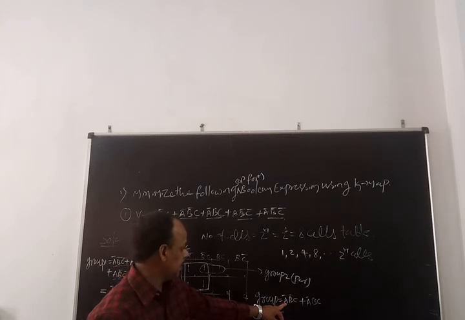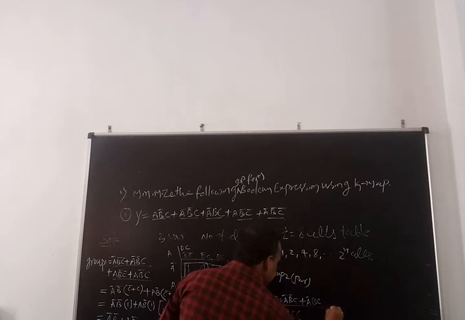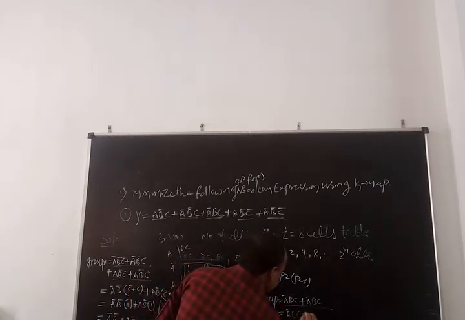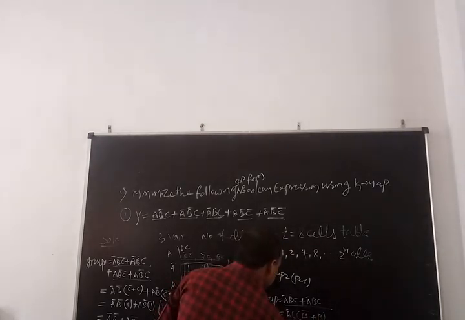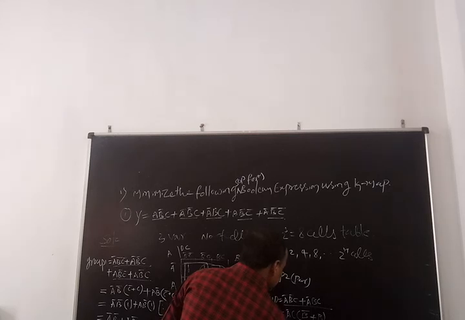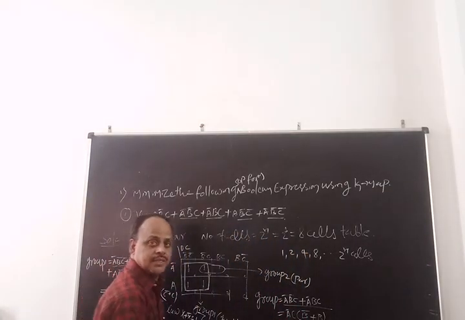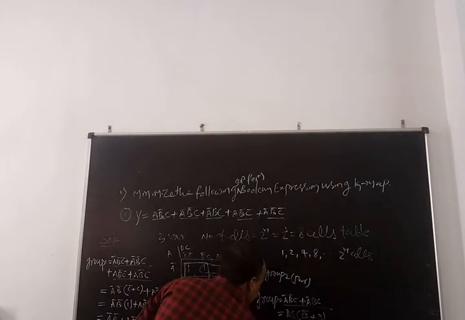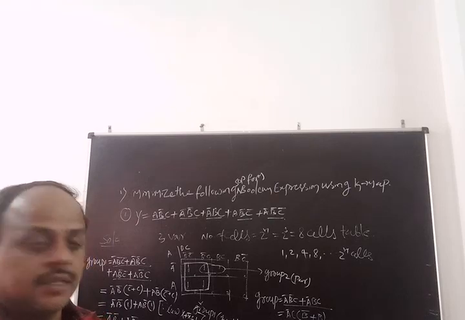Then what is the common factor? A bar C is the common factor in these two terms. Then remaining means B bar plus B. So here also A bar into C into 1, because x plus x bar is equal to 1. So the minimized term is A bar into C.